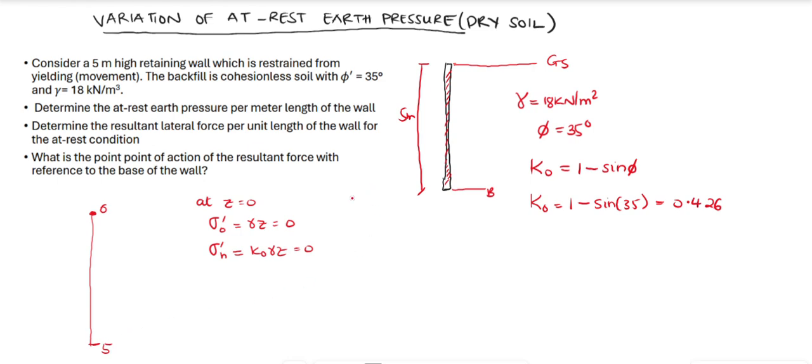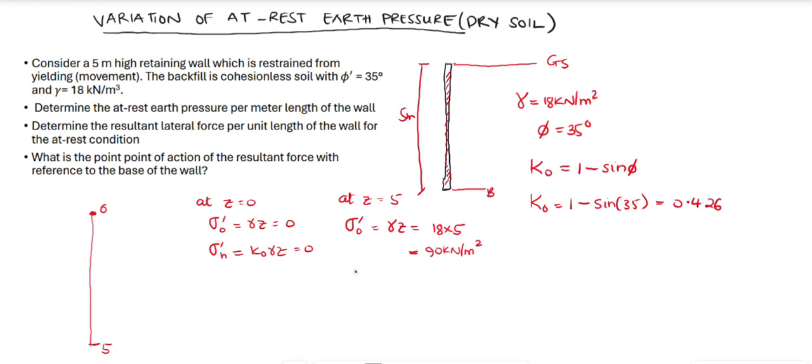Then at the base, so at z equal to 5, our effective geostatic stress is going to be gamma z. Now, what is gamma? It is 18. What is z? 5. And so we are going to get 90 kilonewton per meter squared.